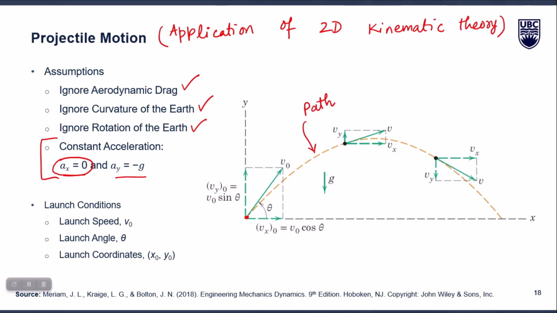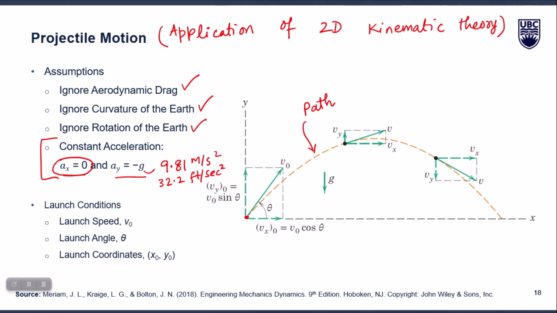However, the y direction acceleration will remain constant, equal to minus g, if minus represents a downward direction, and g is simply 9.81 meter per second square or 32.2 feet per second square. It remains constant throughout that orange path, right? But again, this is with the assumption that there is no air resistance, there is no effect of curvature or height, right? And similarly, the effect of rotation is ignored.